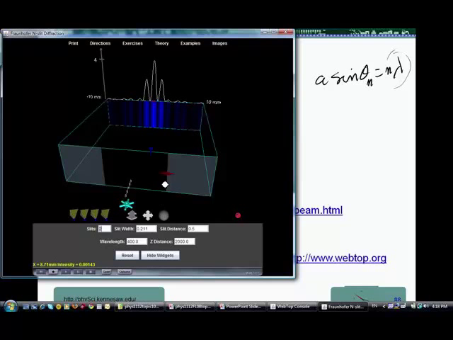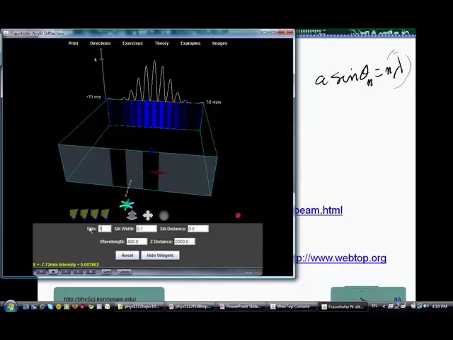Okay, let's go for a smaller slit width. You notice here, this is an interference fringe, another interference fringe, but we don't see the interference fringe here because it coincides with the first diffraction minimum.